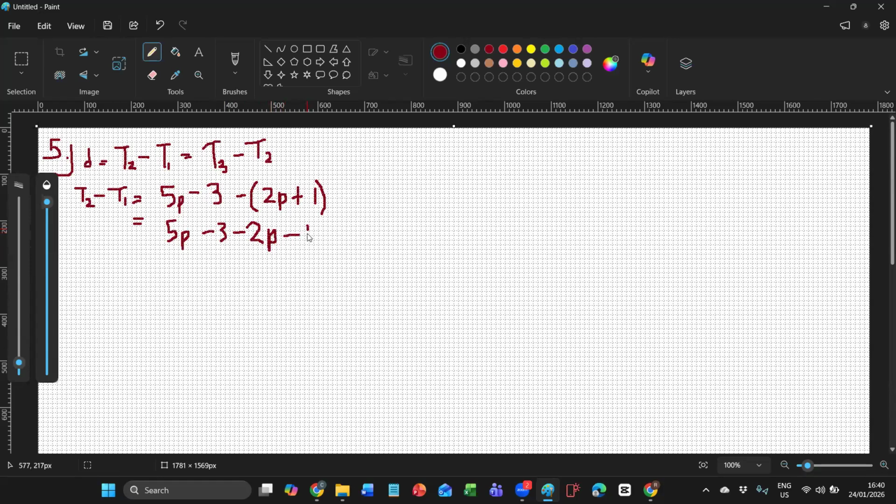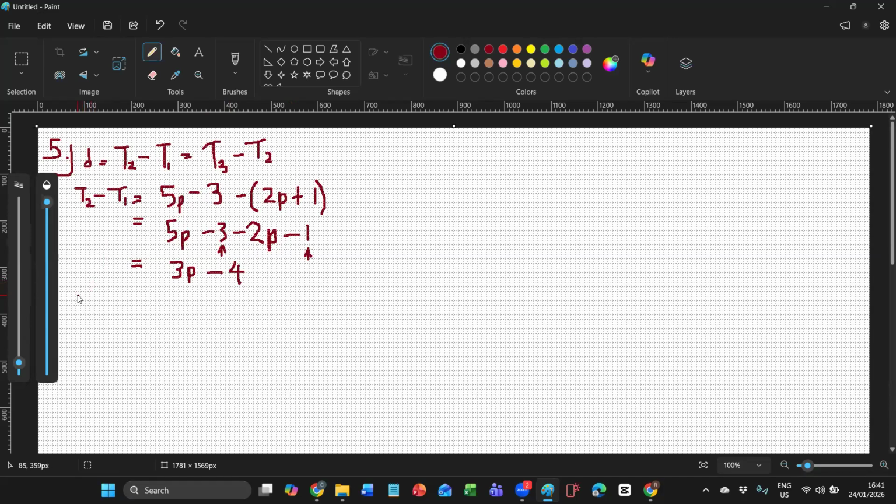So we're collecting like terms now, right? 5P minus 2P, which is 3P, and then we're left with minus 3 minus 1, which is minus 4. So this is the first bit, T2 minus T1.